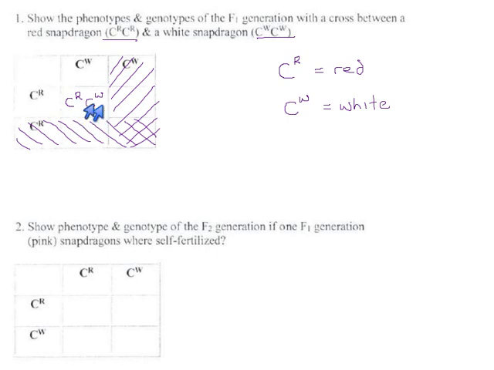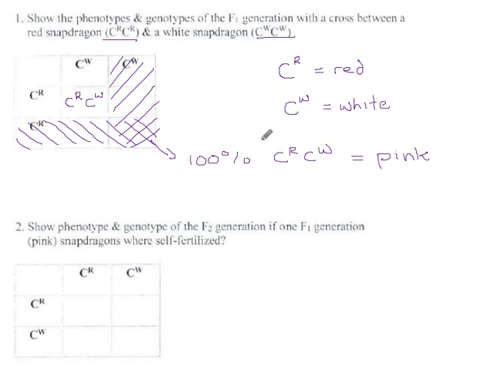So just to have some kind of ordering system, I recommend you alphabetize these. And what this means is that the offspring from those two plants is going to be 100% CRCW. And what color does that make? It makes the color that's part red and part white, and if you've ever played with paint, you know that means pink.